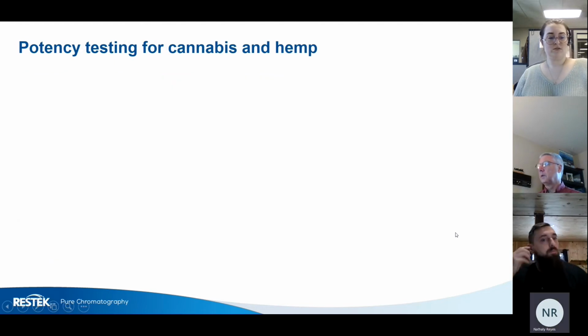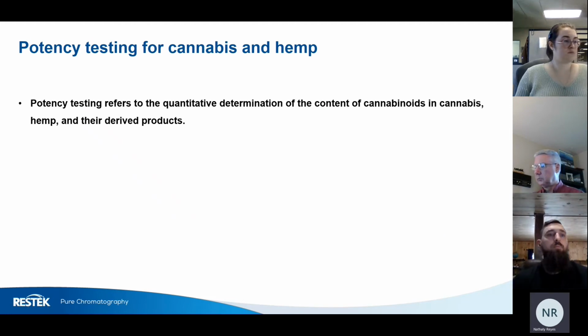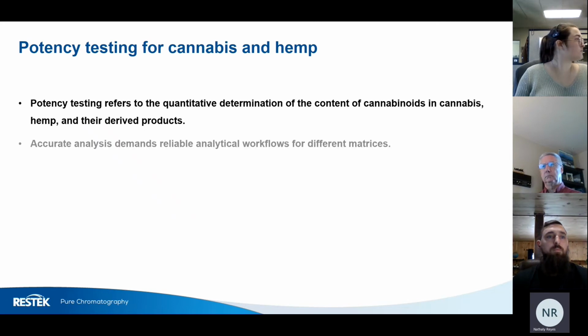First of all, it is important to mention some aspects about potency testing. And the first one is, what is potency testing? Potency refers to the quantitative analysis of the cannabinoids content in cannabis plant material, in hemp, as well as in their derived products.